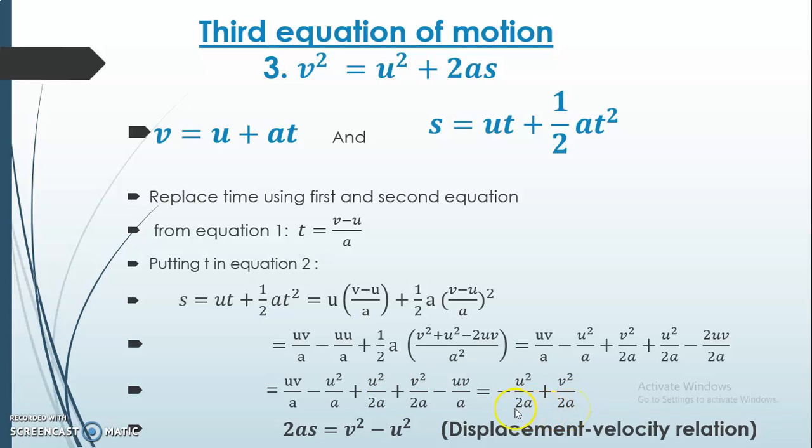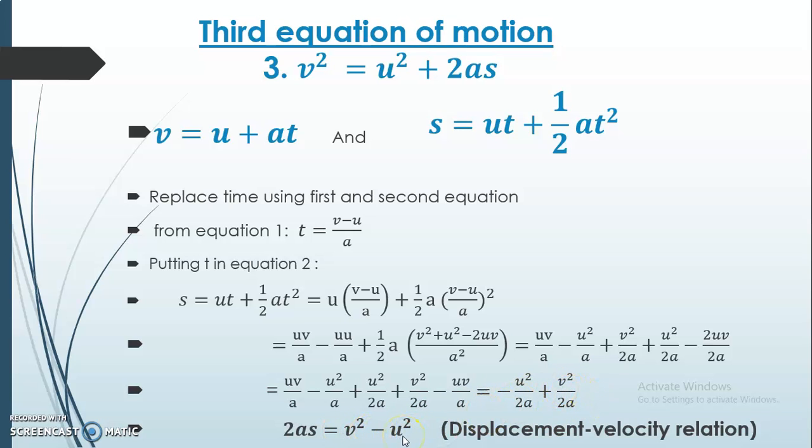Okay, so we can write it as s equal to this, and this 2a will go on the other side and will get multiplied with this s. So we will get 2as is equal to v square minus u square. Okay, this u is in minus, so it is minus u square and v square minus u square.